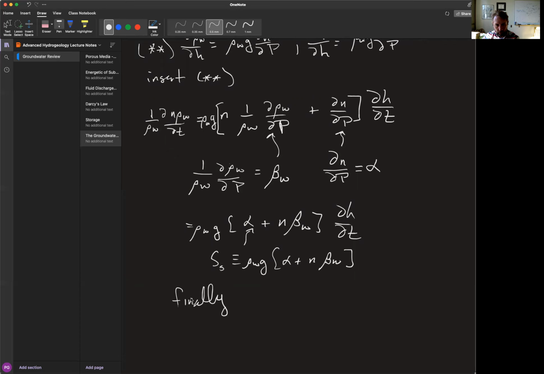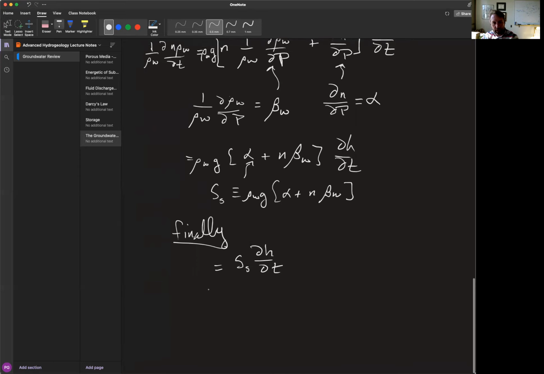Finally, this equals Ss dH dt. This is valid for a fully saturated confined aquifer. All right, so let's write out the full groundwater equation.